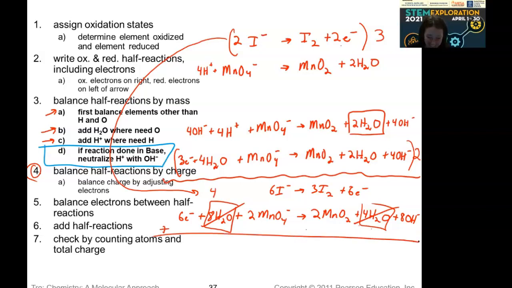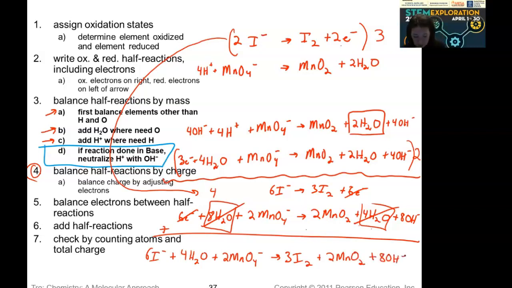This is going to be really long. 6 I minus plus our electrons fall out, 4 waters, 2 MnO4 minuses. By the way, these are so easy to make mistakes on, right? You have to keep all your ducks in a row and then some. 3 I2s plus 2 MnO2s plus 8 OH minuses.